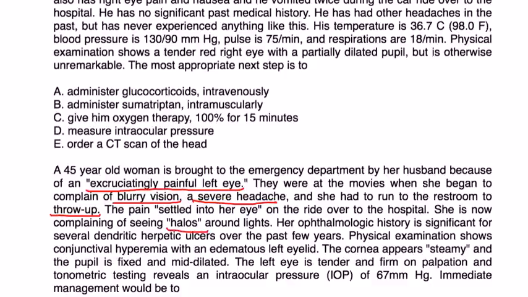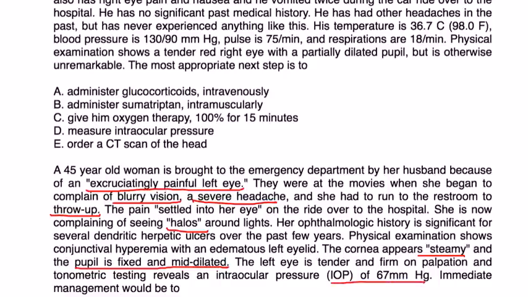Her ophthalmologic history is significant for several dendritic herpetic ulcers over the past few years. Physical exam shows conjunctival hyperemia and an edematous left eyelid. The cornea appears steamy, and the pupil is fixed and mid-dilated. Left eye is tender and firm on palpation, and the tonometric testing reveals an intraocular pressure of 67.